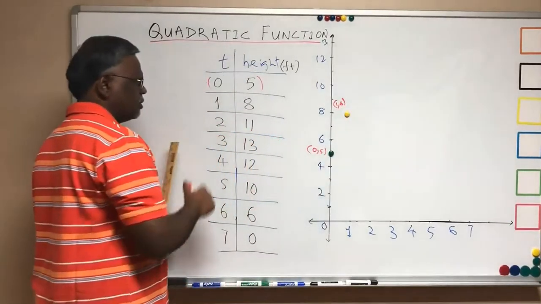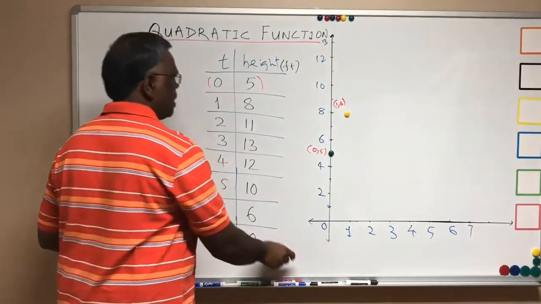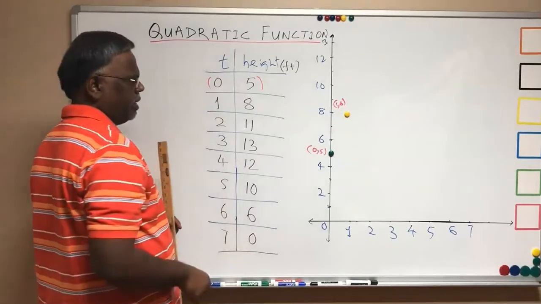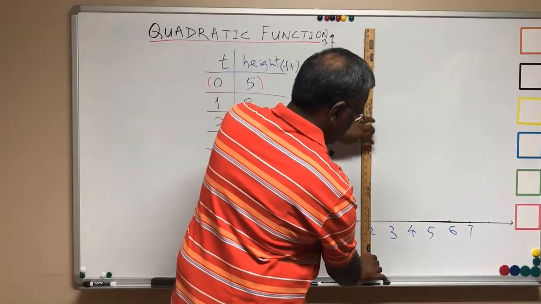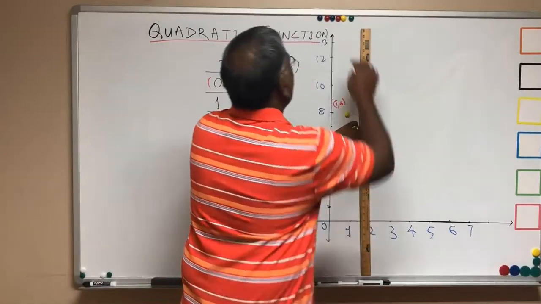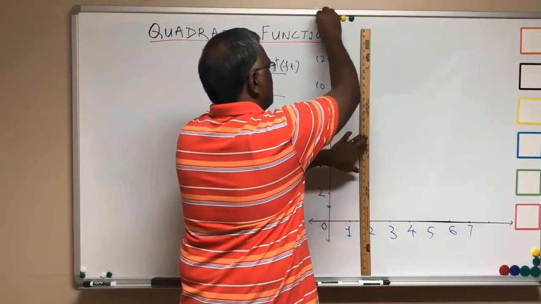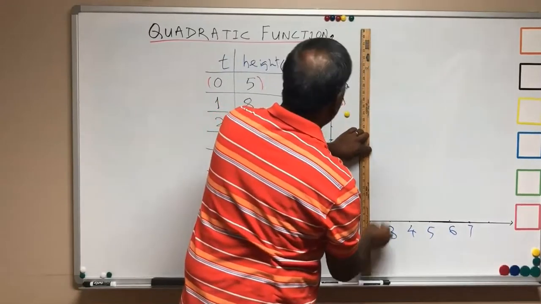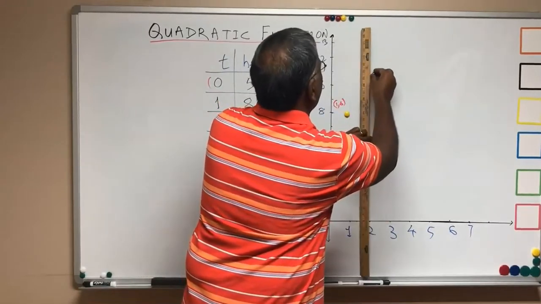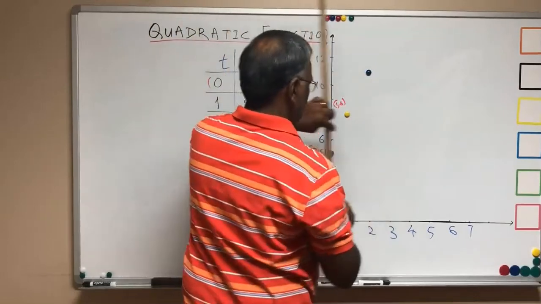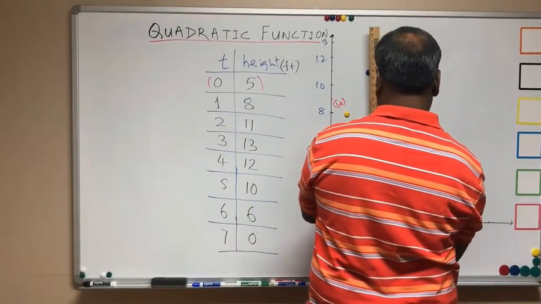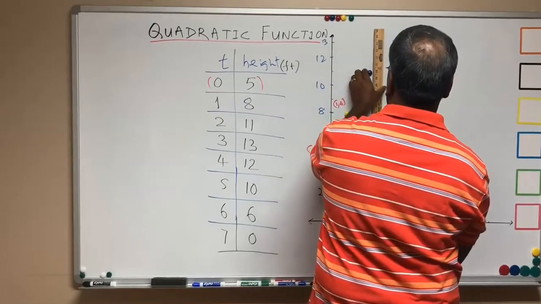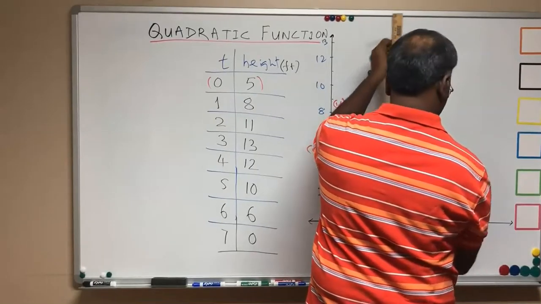For x equal to 2, y goes to 11. (2, 11). This is 11, 10, 11 is somewhere here. Let me see. Yes, (2, 11).